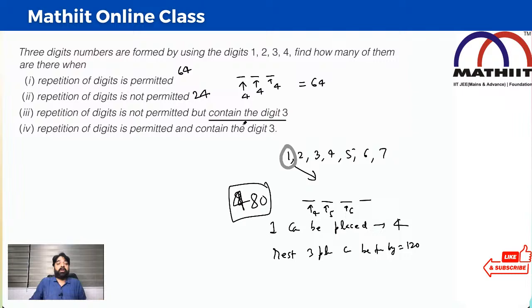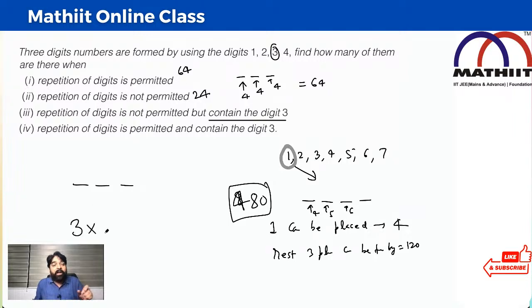Repetition of digit is not allowed but contain the digit 3. Think carefully. I am forming a 3-digit number. Repetition not allowed, but whatever number you are forming, there 3 must come. So I will tell 3, please go and take your place. So 3 will take its place in how many ways? 3 ways, either here or here or here.